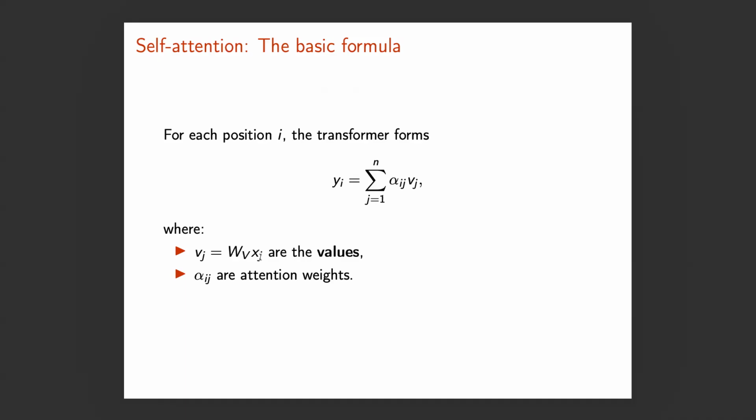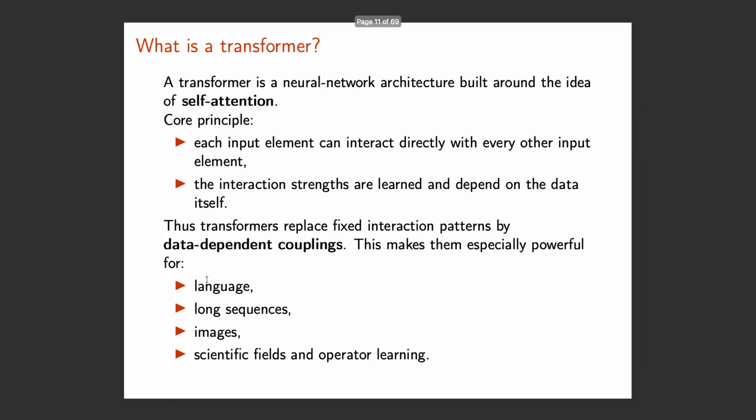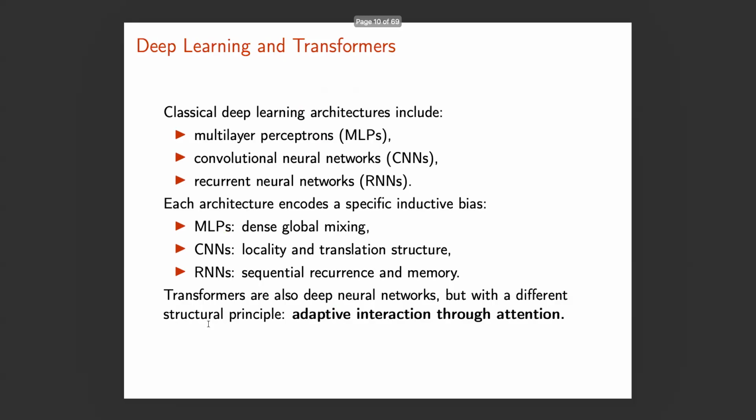We have the input values, and then we have these attention weights. So let me try to explain what these attention weights are. If we go back a little bit, the adaptive interaction through attention is the central part of a transformer.